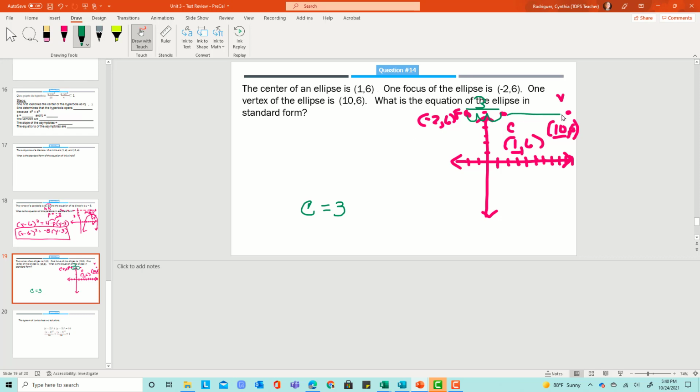So the distance from here to here is 9. Okay, remember that A follows X, and we're going in the X direction. So A is equal to 9. Okay, we have the center, we have h and k. The only thing that we don't have is b.